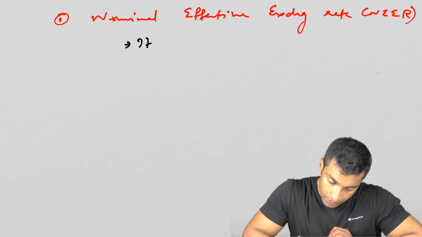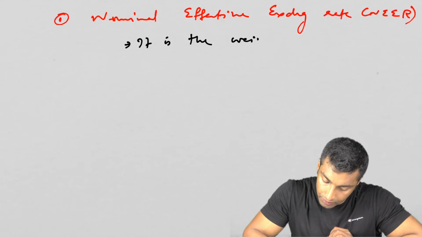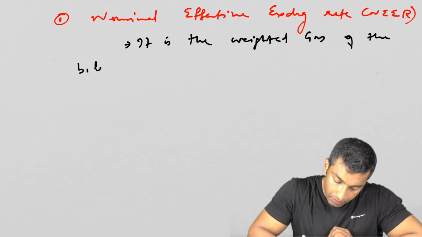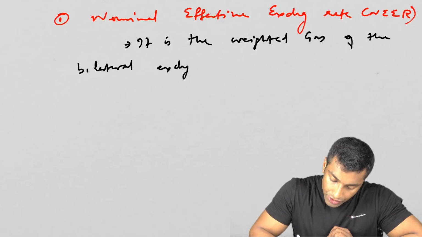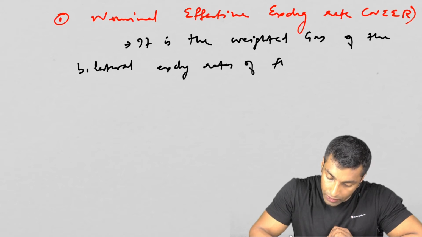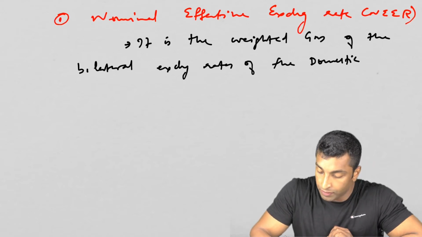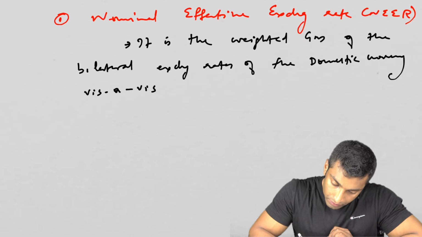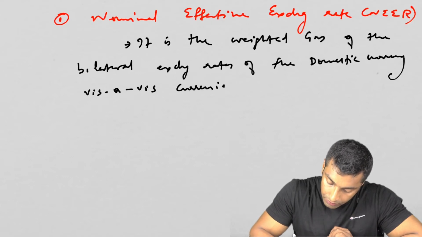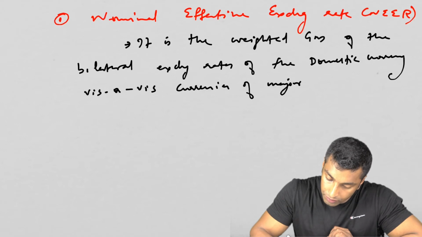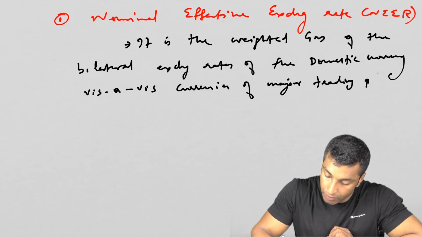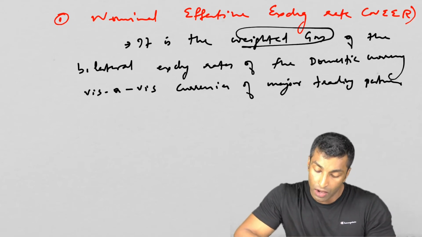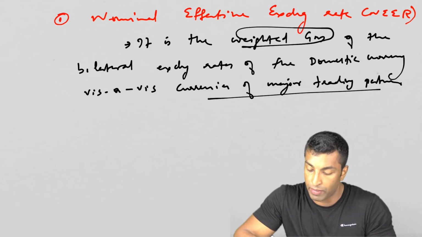It is the weighted geometric mean of the bilateral exchange rates of the domestic currency vis-a-vis currencies of major trading partners. So you can see here it is a weighted geometric mean of the bilateral exchange rates of the domestic currency vis-a-vis currencies of major trading partners.